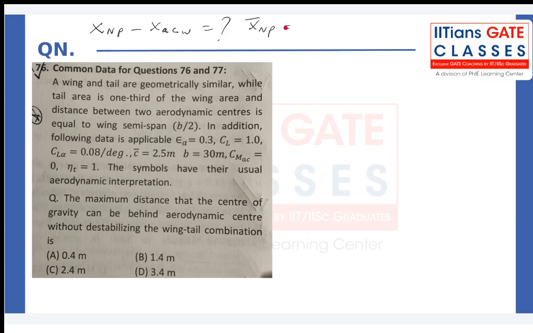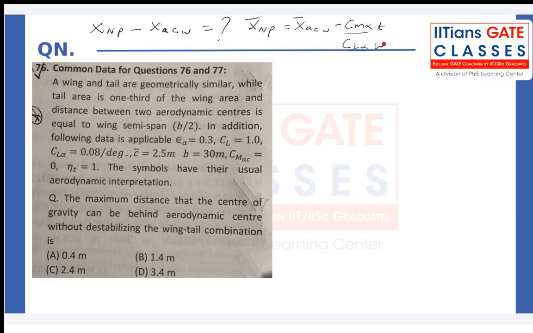Now, as and when you add more aerodynamic surfaces, this neutral point gets shifted backwards and forwards. Correct? So, if I add one tail, it is pulled backwards. By how much? So, you pull it backwards, subtract. What do you subtract it with? Cm alpha of the tail by Cl alpha of the wing.